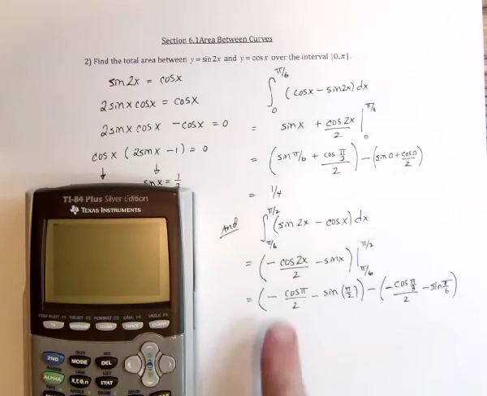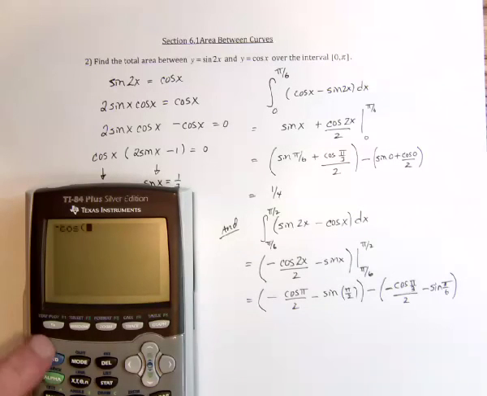Okay, so negative cosine of pi gets divided by 2 minus sine of pi divided by 2, and then subtract from that, parentheses, negative cosine of pi divided by 3, and then divide that by 2, and minus sine of pi divided by 6.